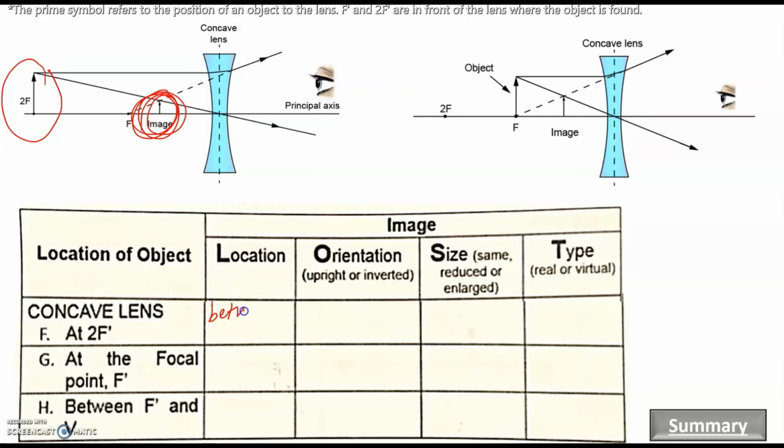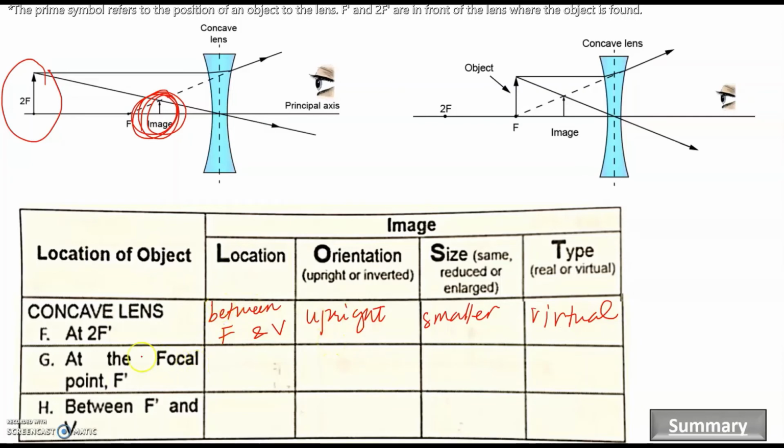The image is between F and V. How about its orientation? We will write upright because the image is formed above the principal axis. And then the size of the image is smaller or reduced. Type of image, again, we have extended light rays meeting. So there is a virtual image formed.